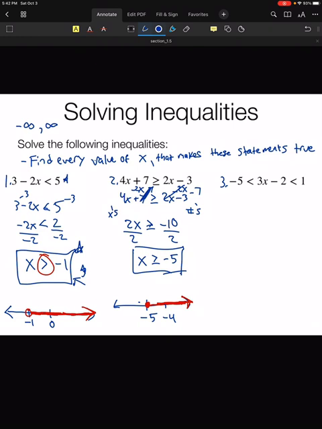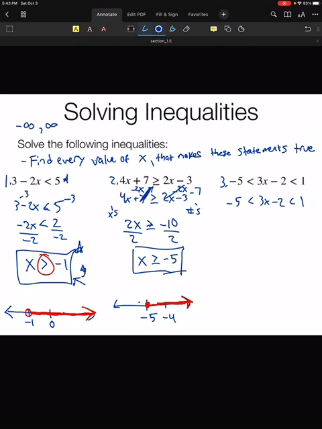So when I have negative 5 is less than 3x minus 2, which is less than 1, I still want to get x alone in between the inequalities.